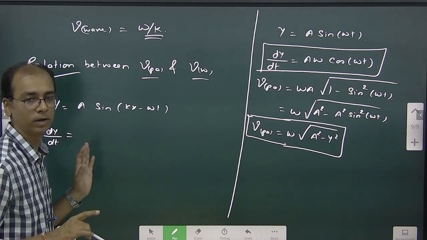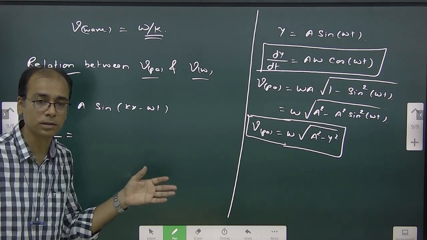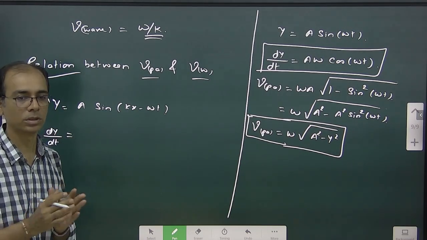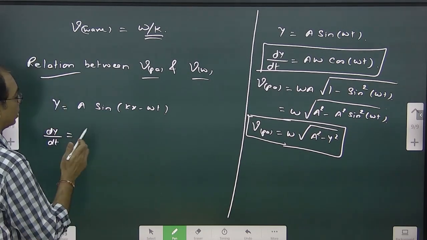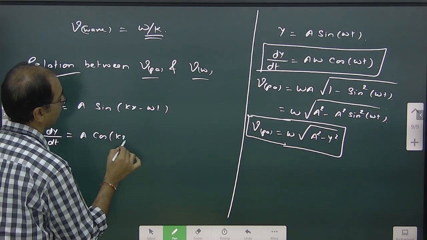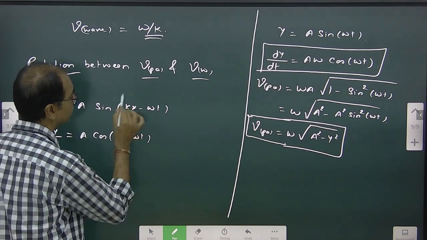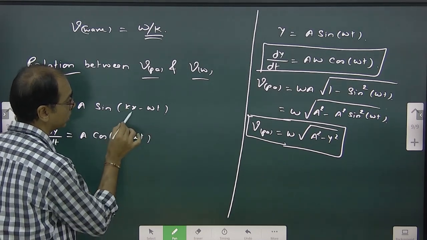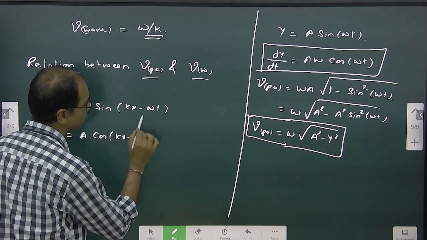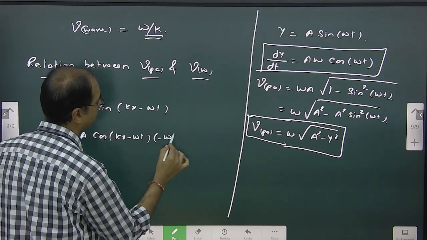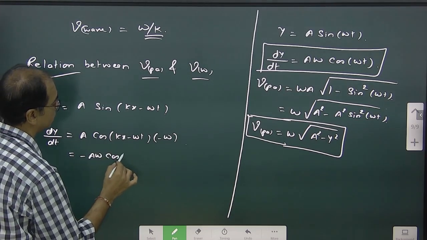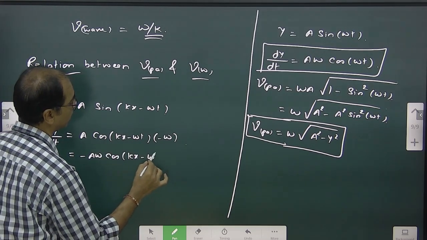When defining velocity of the particle, you cannot take all the particles. So x is constant. So A, its differentiation cos of kx minus omega t. Differentiation of kx is 0 since x is constant, and differentiation of omega t gives minus omega. So you get minus a omega cos of kx minus omega t.